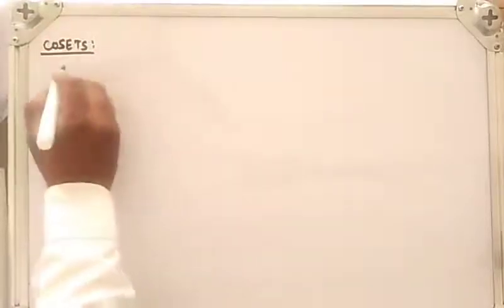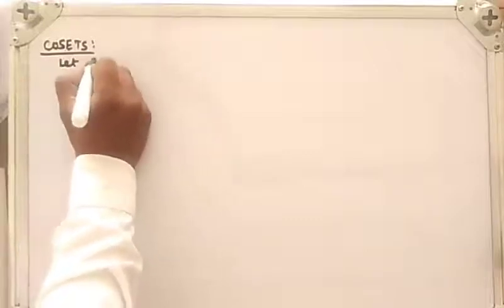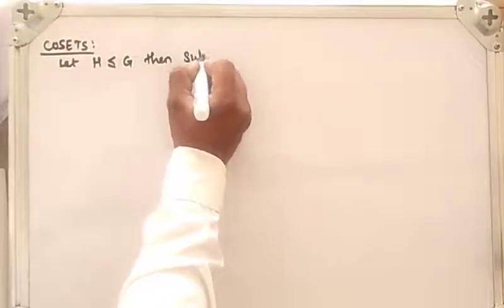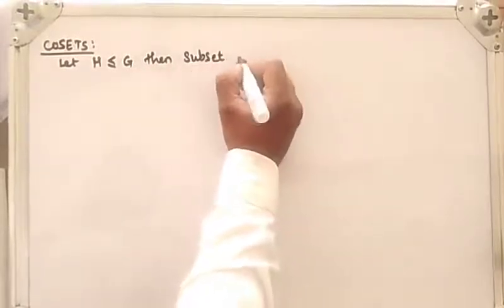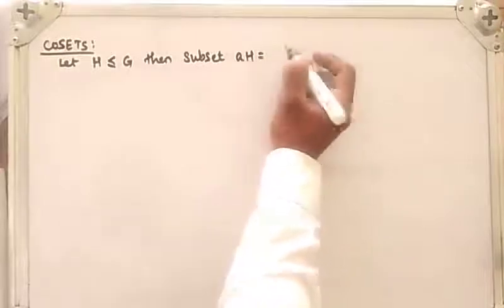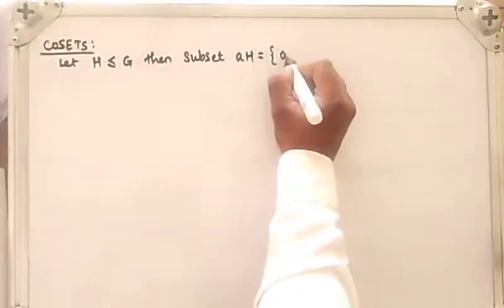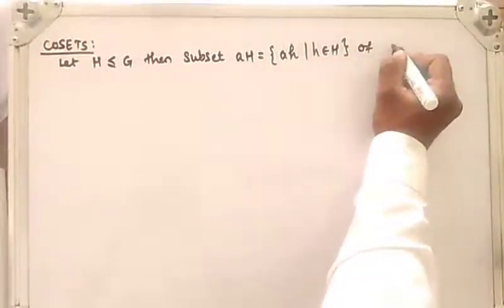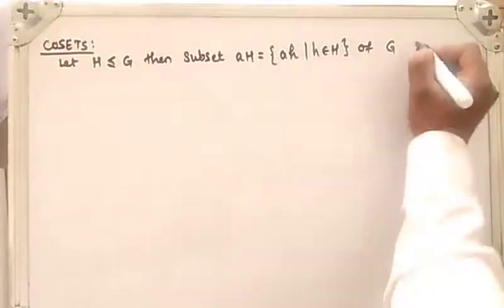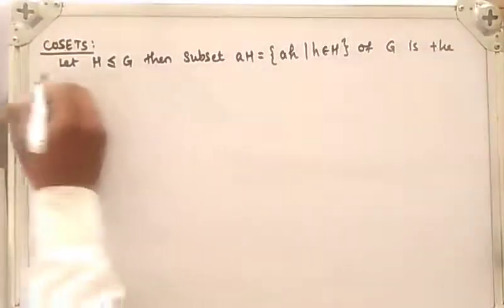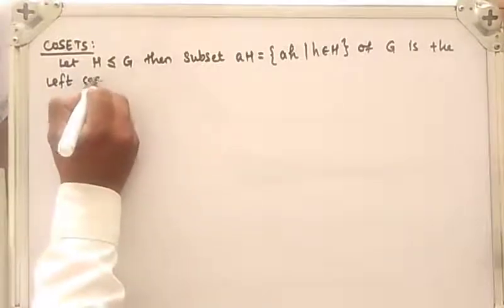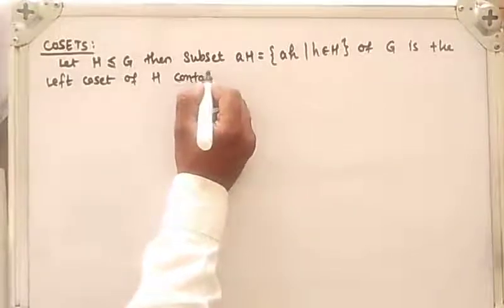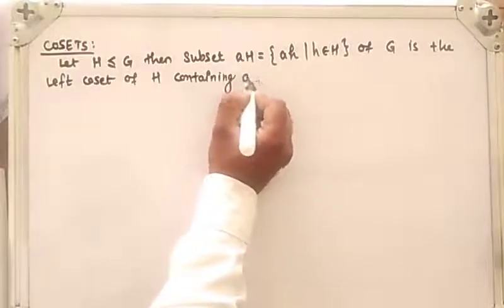So define this. Let H be a subgroup of G, then the subset defined by aH, which is equal to a into h such that h belongs to capital H of G, is the left coset of H containing a.